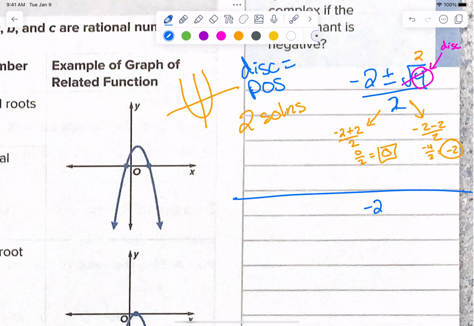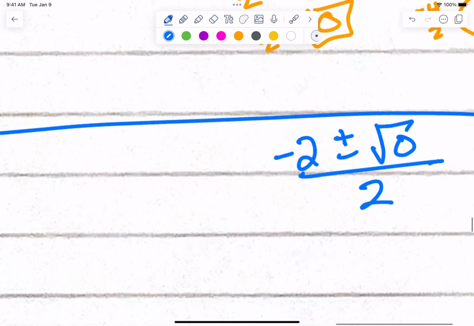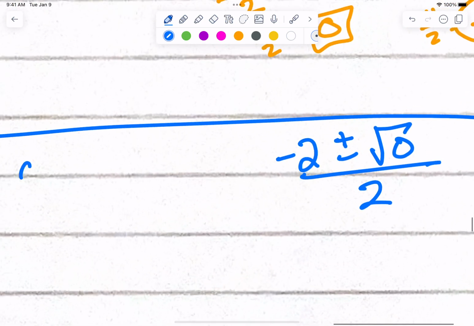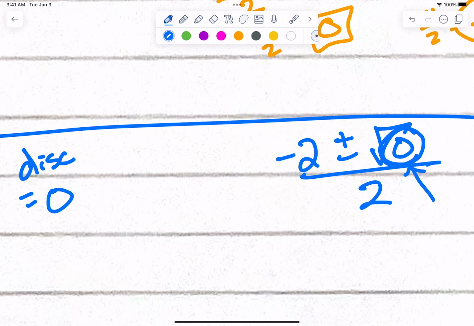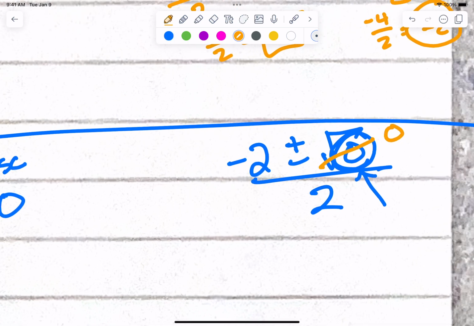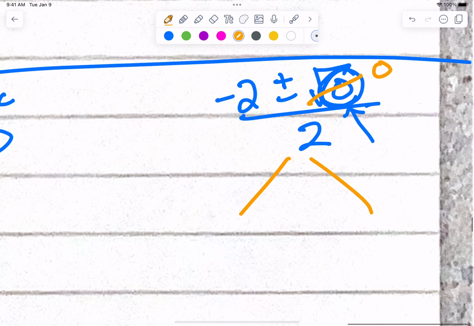Let's say that I have this going on. In that case, what's my discriminant there? 0. If my discriminant is 0, this is my discriminant. What is the square root of 0? 0, right? The square root of 0 is 0. So if I break this down, this is -2 plus 0 divided by 2, and I have -2 minus 0 divided by 2.